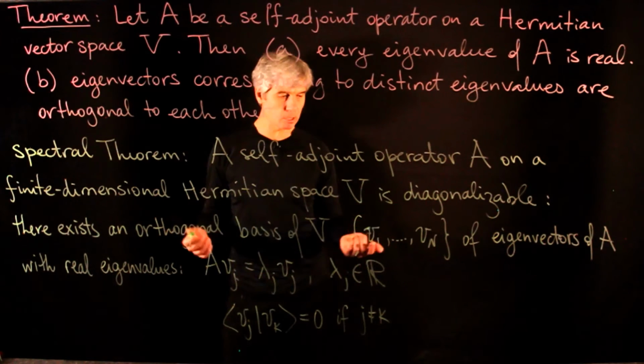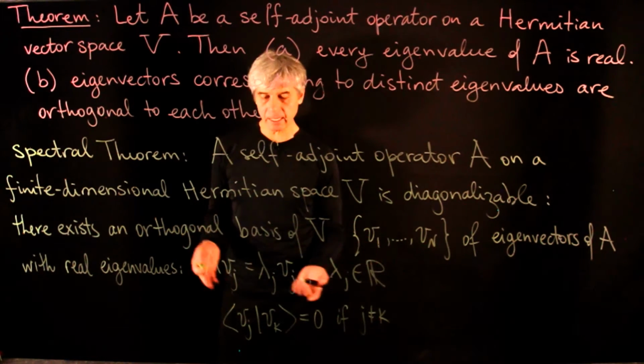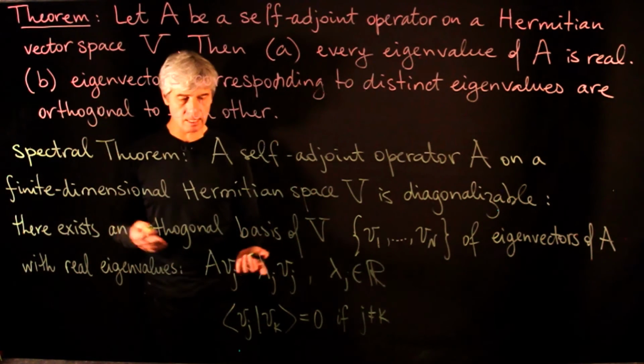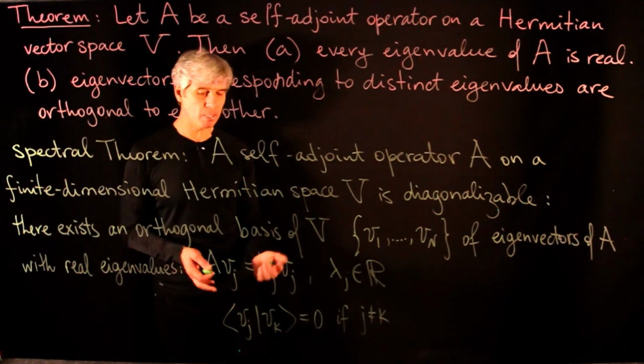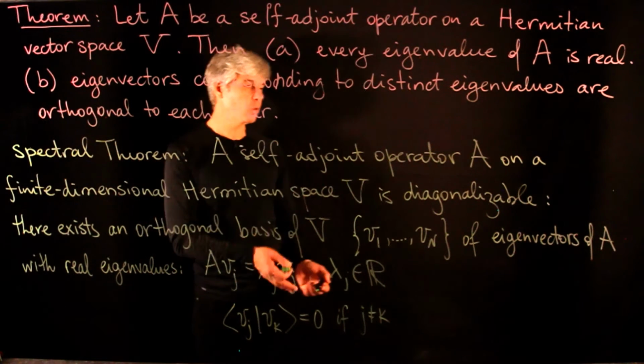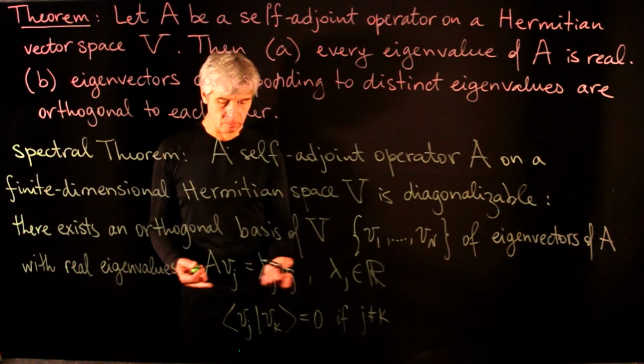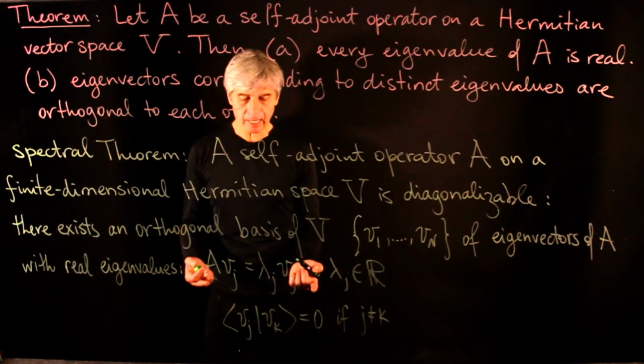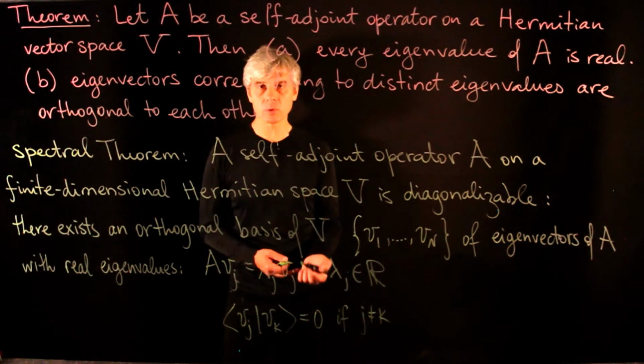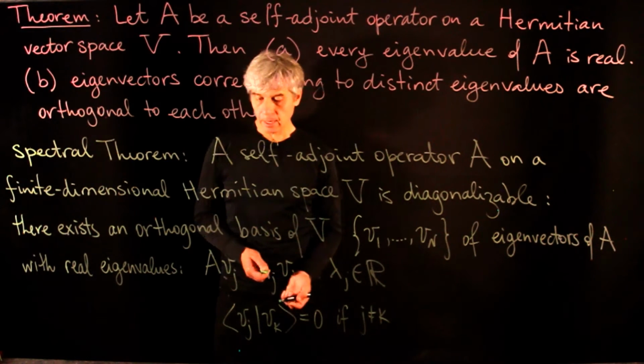So if we are not interested in a complex setting, then this theorem says that for a real symmetric matrix, there is an orthonormal basis in which this matrix is diagonalizable and all eigenvalues are real.